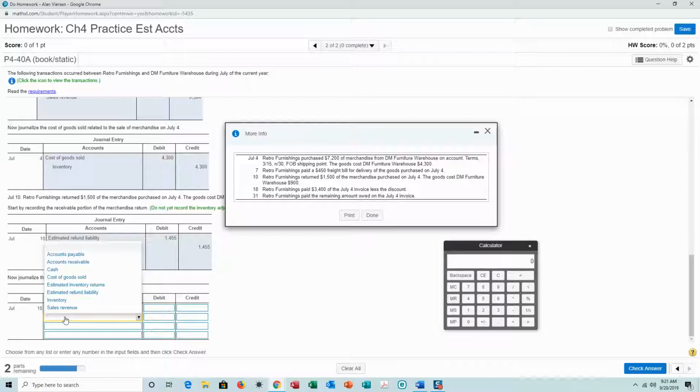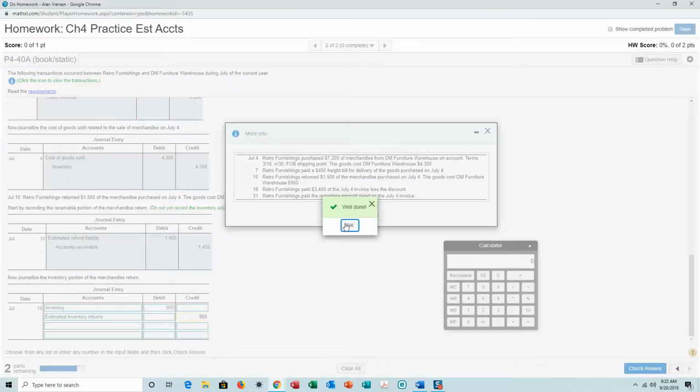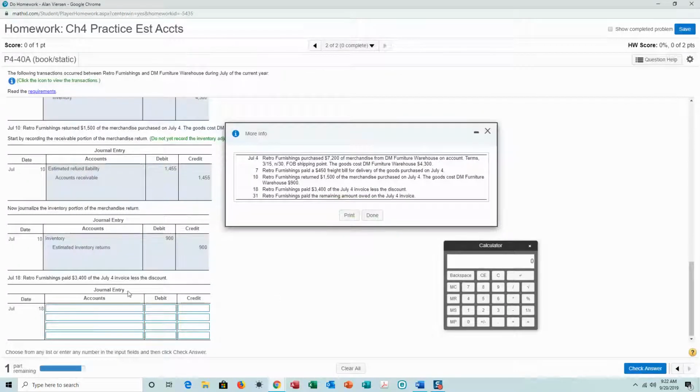And we're going to credit estimated inventory returns, because this is a current asset, and it tells us the amount is $900. Again, they give you the amount, but what's different here is using these two new accounts. One is a current liability and the other is a current asset. Check our answer. Well done.